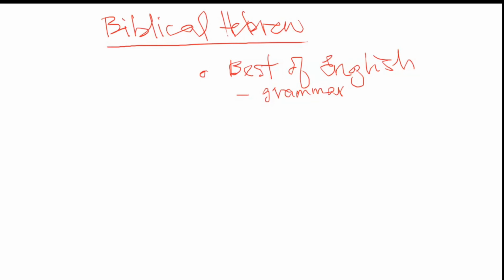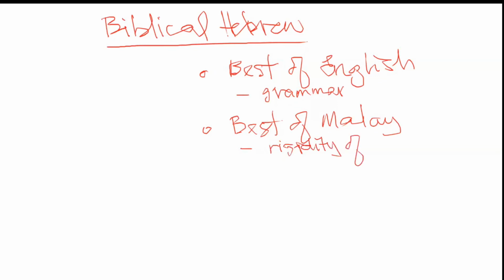Now, what English is not good in is the sounds. If you know Malay or some language which is similar to Malay, let me put it here, the best of Malay. If you don't know Malay, don't worry about it. I'm just giving an example. The best of Malay would be the rigidity of sounds.